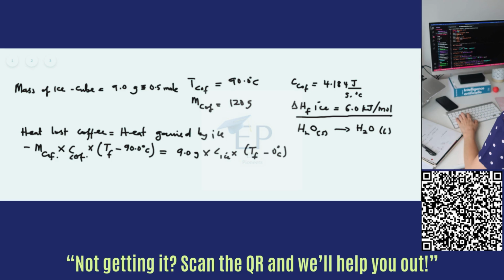And the heat of this reaction, then we need to multiply by 6.0. So that means that Q for melting the ice will be 6.0 kilojoules per mole times 0.5 mole. And this will give us 3.0 kilojoules.